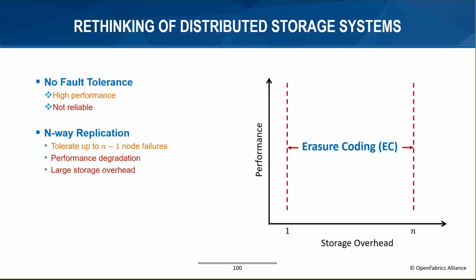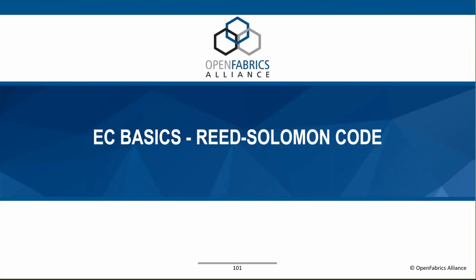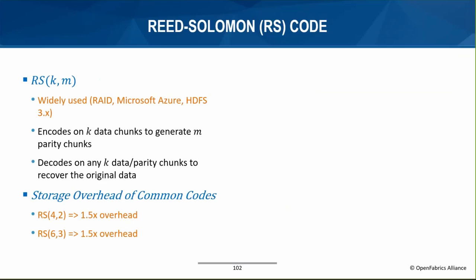Now let me briefly introduce the EC basics, especially for Reed-Solomon code. Reed-Solomon code is a very famous and widely used erasure code. It has two essential parameters, K and M. We usually use RS(K, M) to represent the Reed-Solomon code.